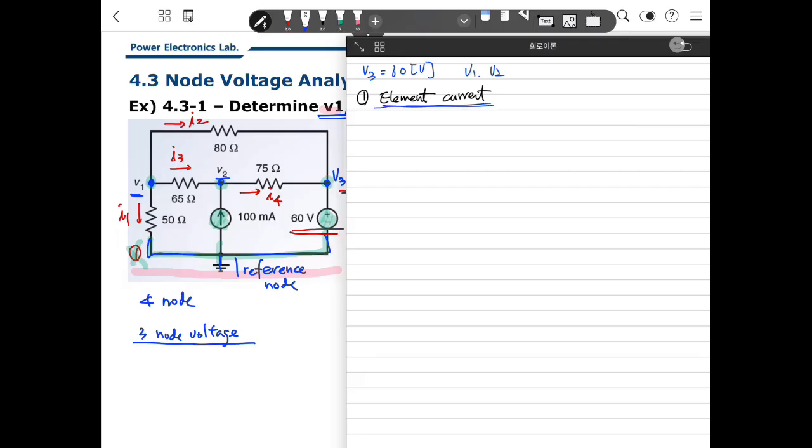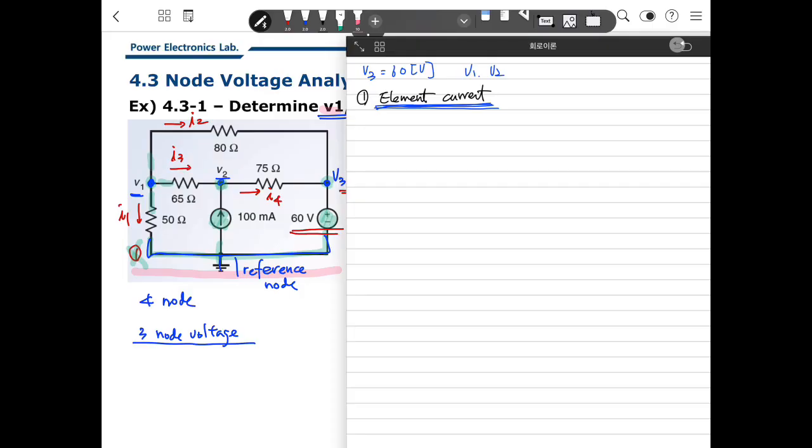Our purpose is to make a node voltage equation. The node voltage equation comes from the KCL at each node. So we should know what kind of currents are needed to make a KCL. So we have this node, and we make a KCL based on this node. Then we should know about this current and this current and this current.